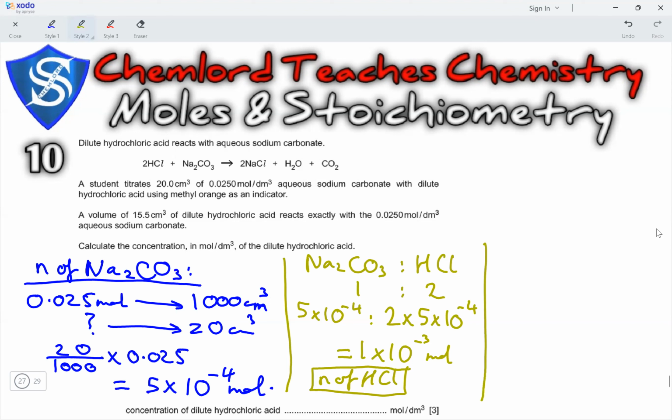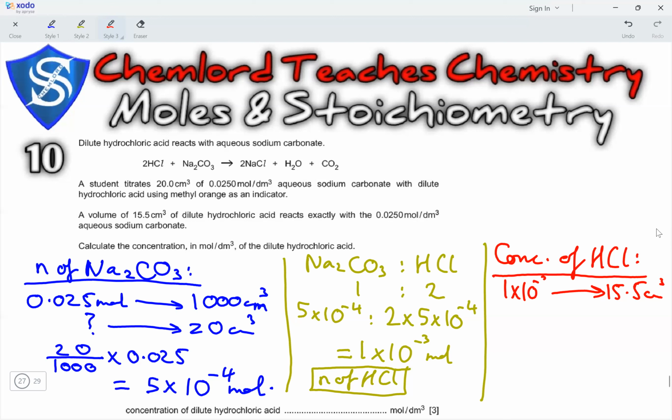Now, since we have the number of moles of HCl and the volume of HCl used is given in the question as 15.5 cm cube, we can use both these values to calculate the concentration of HCl. So step 3 would be calculating the concentration of HCl by using the given volume, which is 15.5 cm cube, and equating it with the number of moles of HCl that were present, which is 1 into 10 to the power of minus 3.